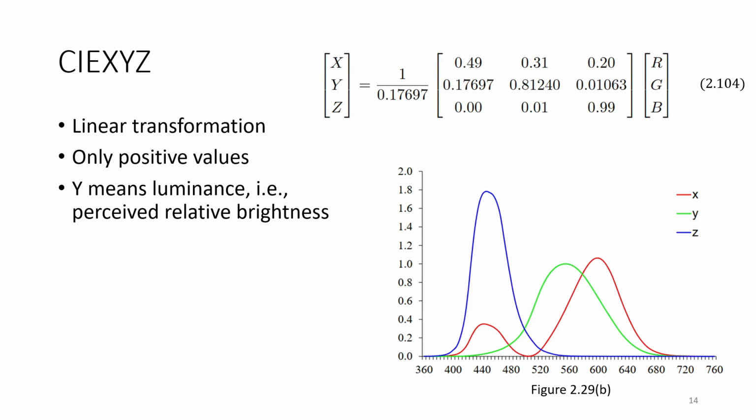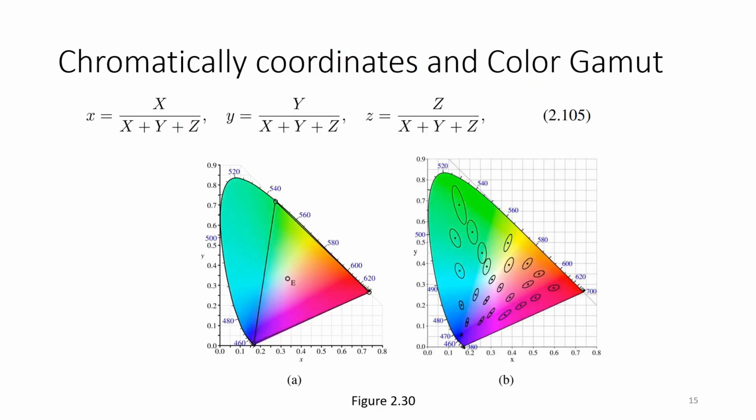First, the Y is almost the same as the brightness. And the second is all XYZ values are positive. So we don't need to use negative values anymore. Then if we convert the XYZ, so we see here, let's go back.